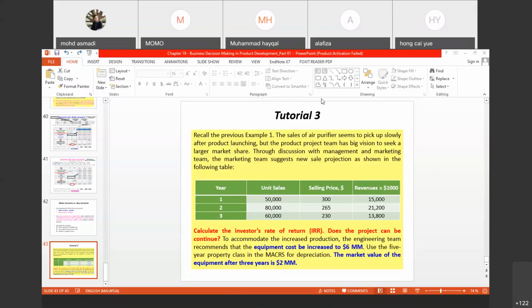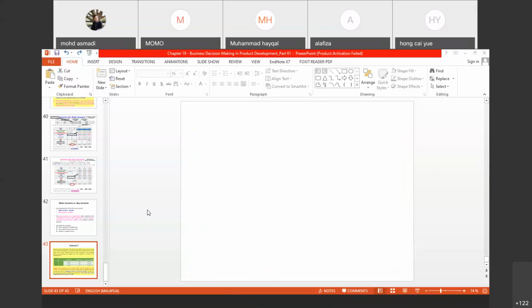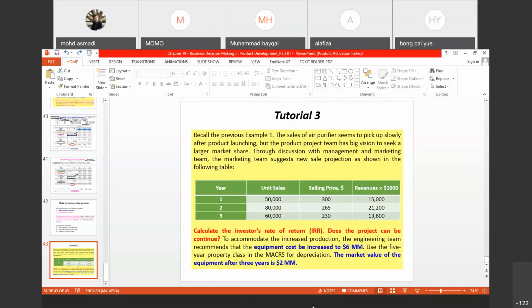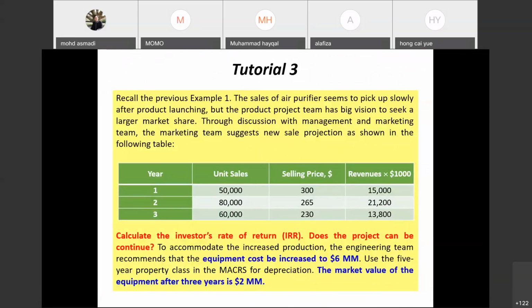So you can push in the Padlet so that we can discuss actually. So this is the question. I'll give you until 11:50.